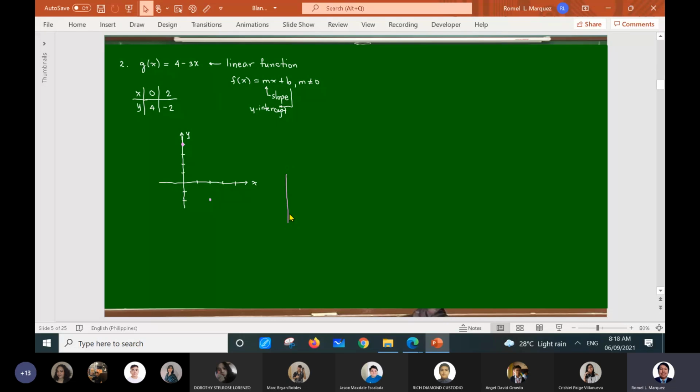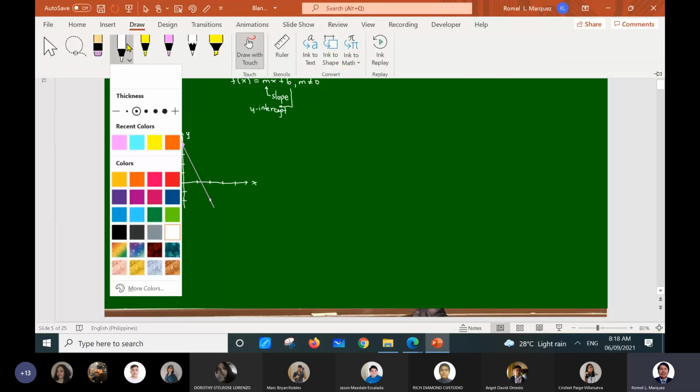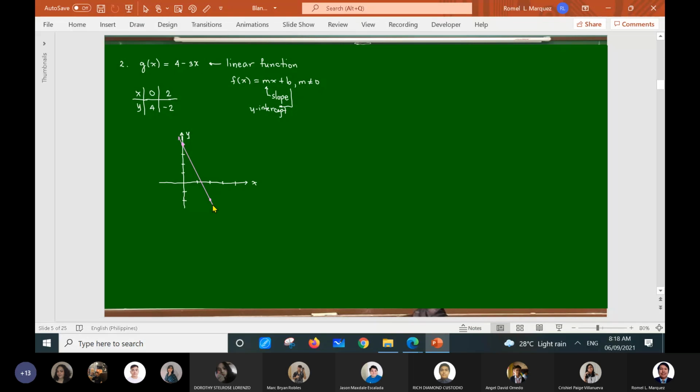Oh, you cannot make it straight. Okay, so that's how the graph looks like. So clear, guys. So this is y equals 4 minus 3x, or g of x equals 4 minus 3x.